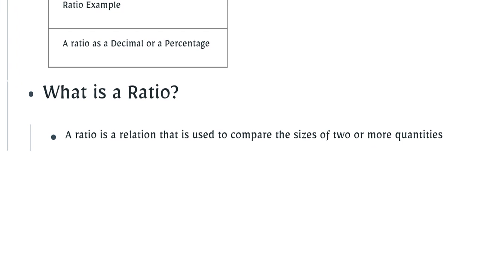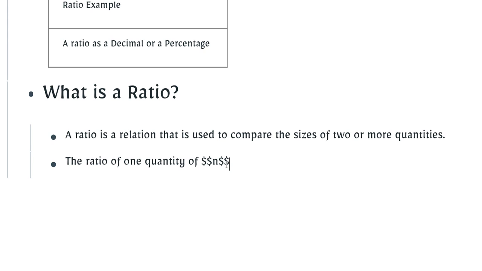In other words, the ratio of one quantity, n, and n is just a variable. Remember what variables are? They're unknown values.